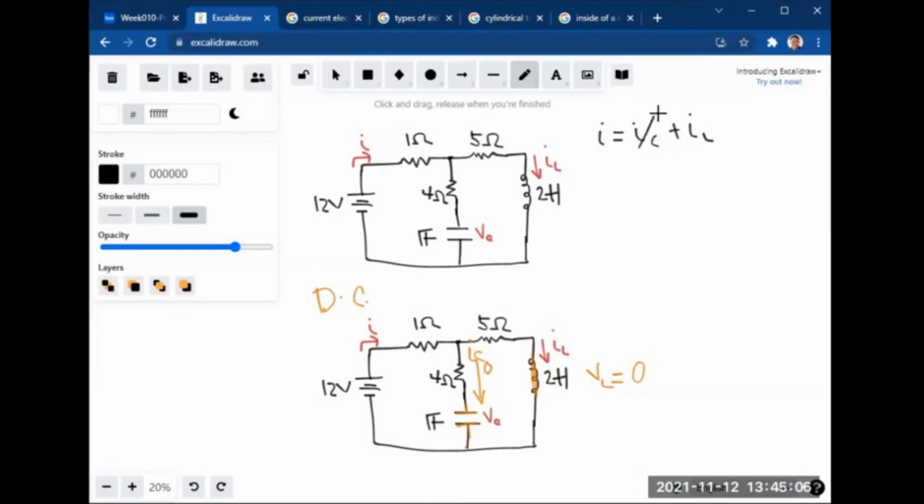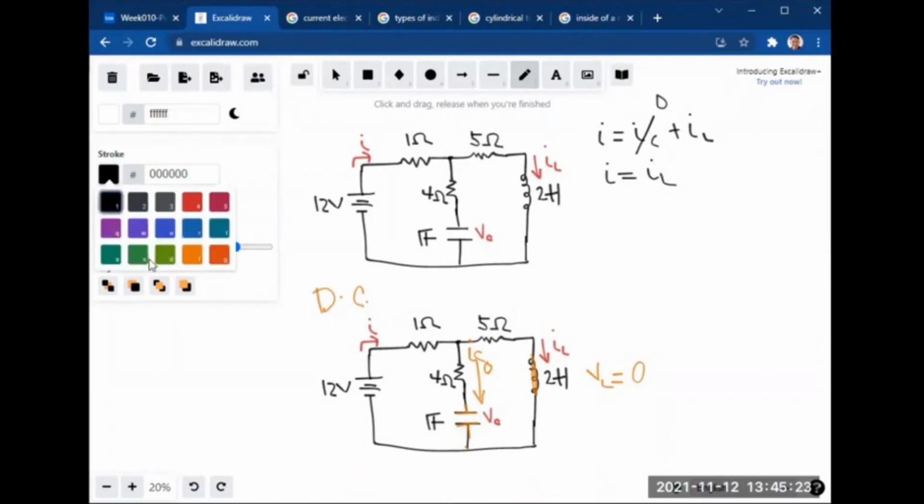But IC is equal to 0 since the capacitor is an open circuit for DC. So I is equal to IL. Since this is an open circuit, this will be the line for our current.